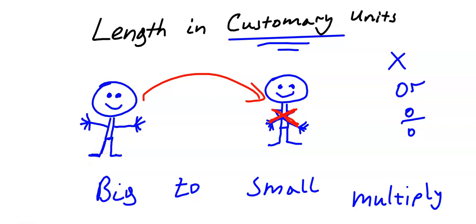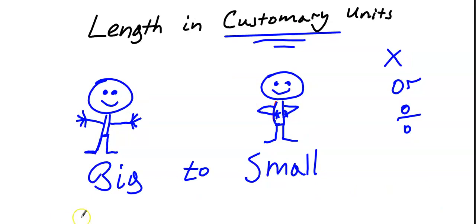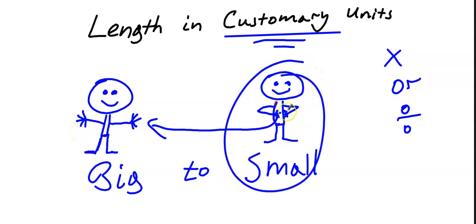Big to small. So now you're probably asking, what happens if I go the other way? I'm starting with something small, so look at this person. He's showing that he's holding something tiny, something small, and he's going to change it to something big. Big being outstretched arms. Now what do you do if you go from small, tiny, he's holding in his hands, into something outstretched, small to big?